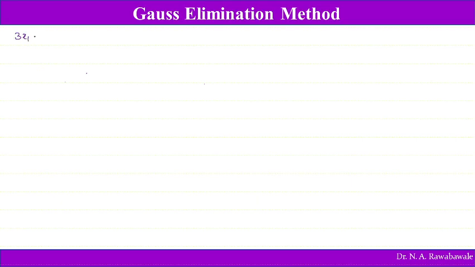So 3x1 minus 0.1x2 minus 0.2x3, which is equal to 7.85.